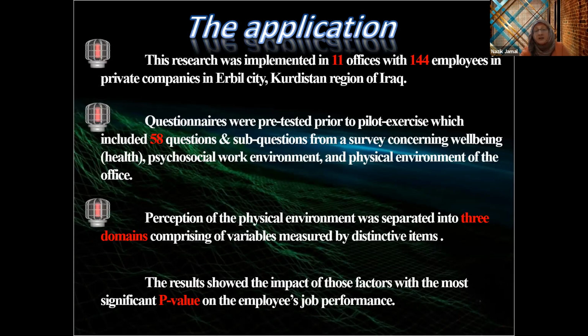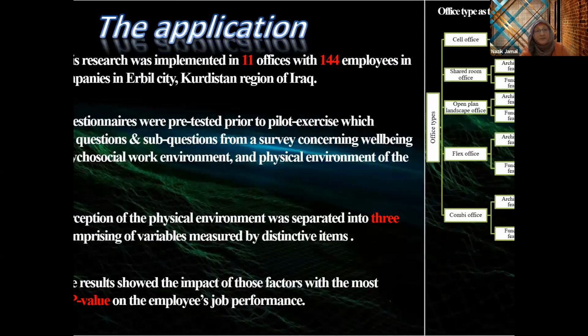Perception of the physical environment was separated into three domains comprising the variables measured by distinctive items. Results show the impact of those factors with the most significant p-value on employee job performance.